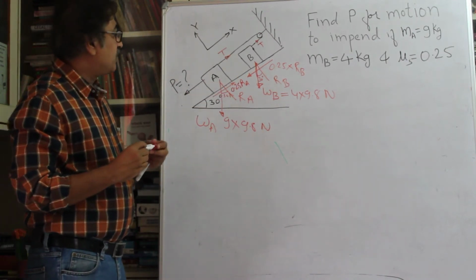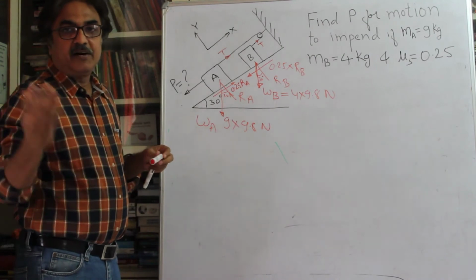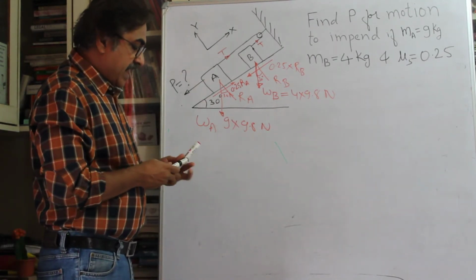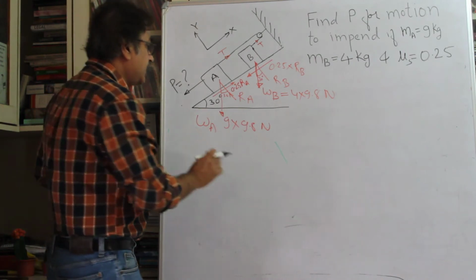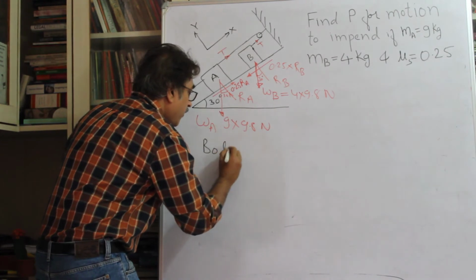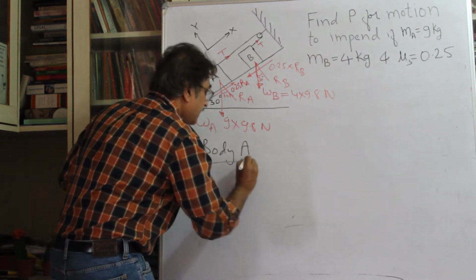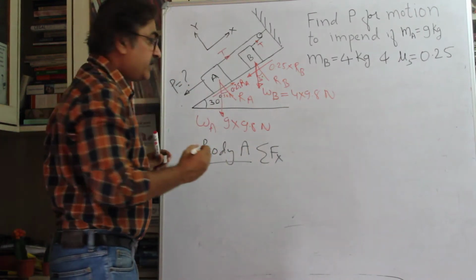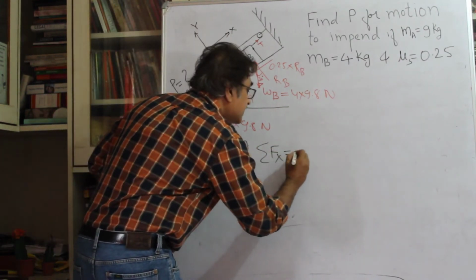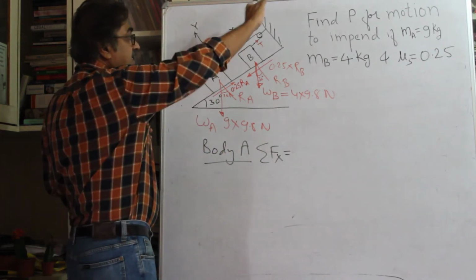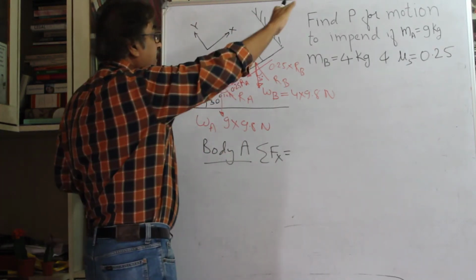These two angles are 30 and 30. So now all that you have to do is, you write down the equation sigma Fx. Let's consider body A, and we write down the equation. Sigma Fx, we are going to equate it to 0. Fx, in the sense x is along the inclined surface.